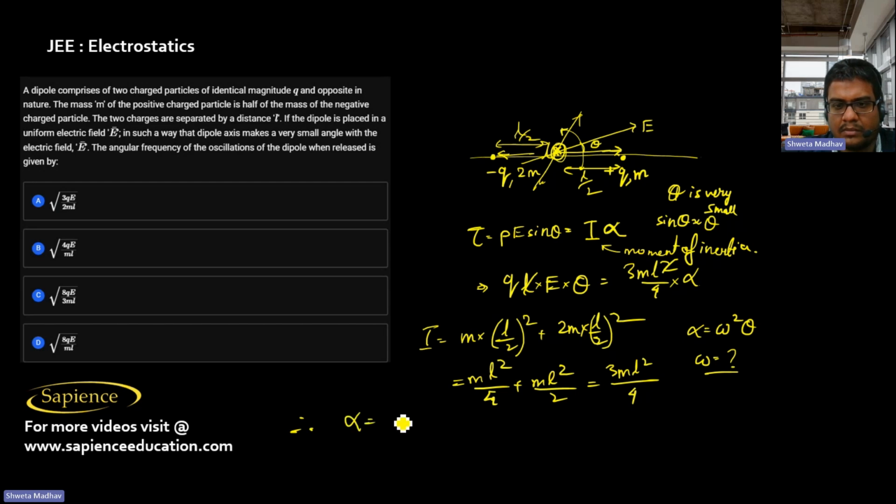So alpha will be equal to 4QE by 3ml into theta.